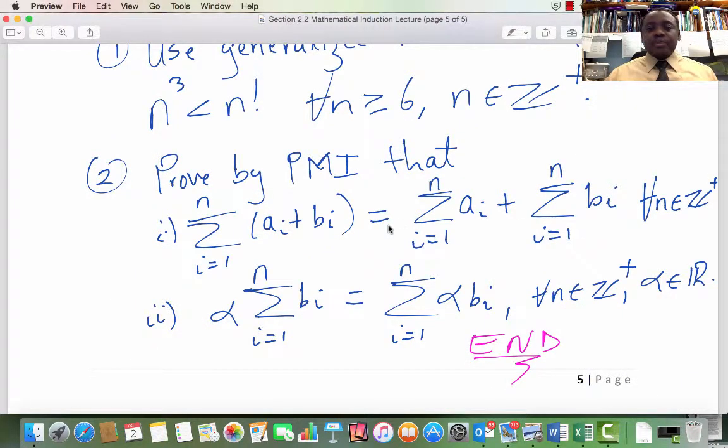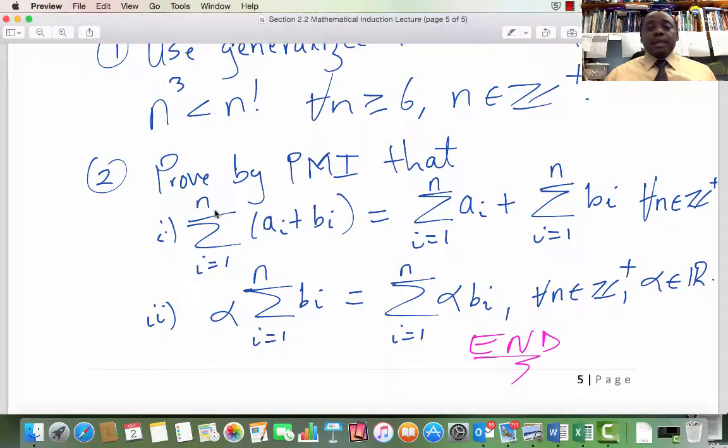Problem number 2. Using the principle of mathematical induction, prove that the summation from i equals 1 to n of (a_i plus b_i) equals the summation from i equals 1 to n of a_i plus the summation from i equals 1 to n of b_i for every n in Z plus.